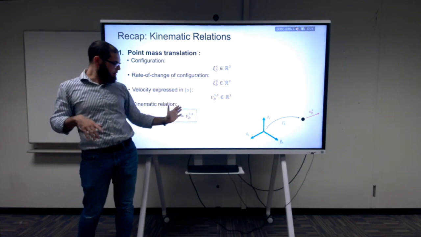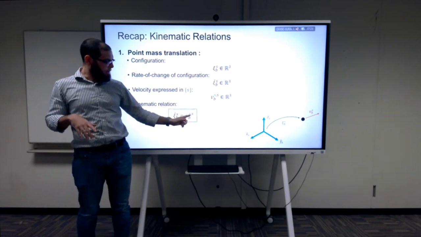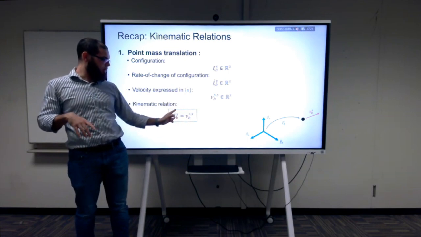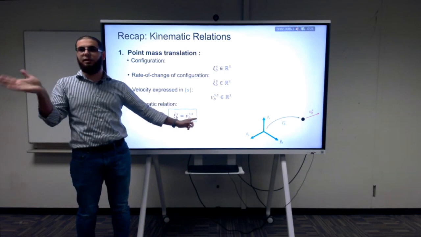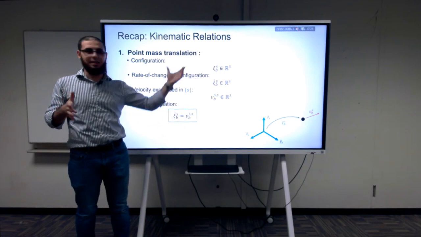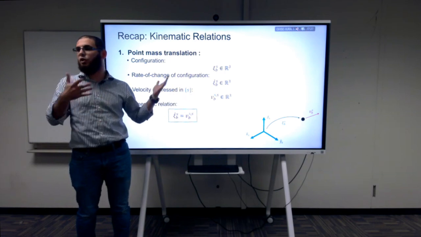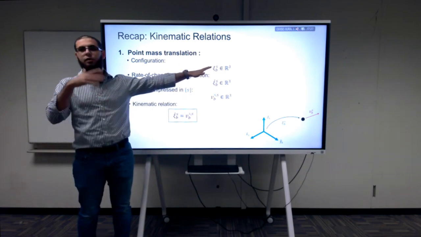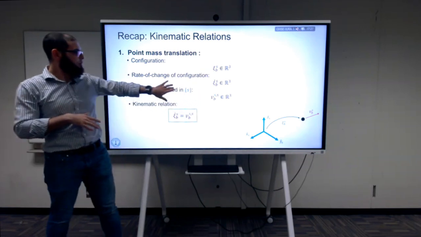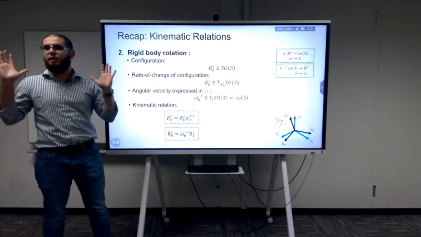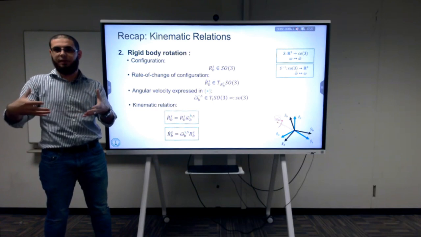This fact that the rate of change of position is equal immediately to the velocity, without any transformations in between, is a consequence of the Euclidean structure that Rn or R3 in general has. When we go to rotations, things become nasty because we don't have this Euclidean structure.